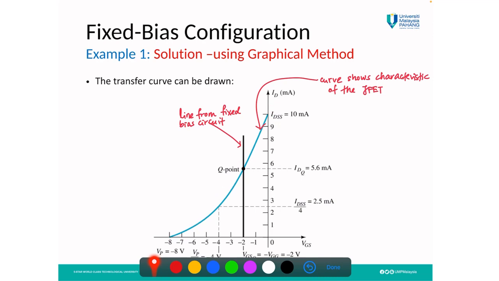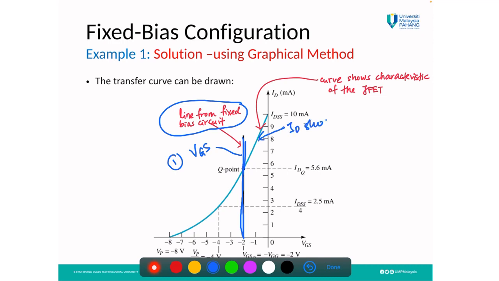After that, please draw this line, which comes from the VGS equation. For the graphical method you must have one line from the VGS equation, and the second one is the curve from the ID Shockley equation.